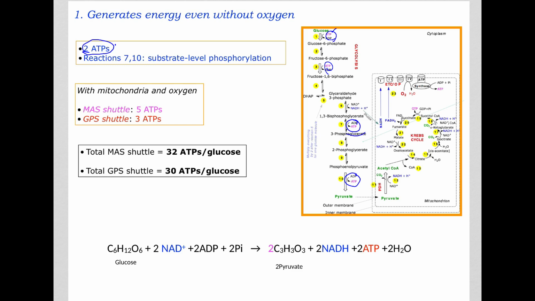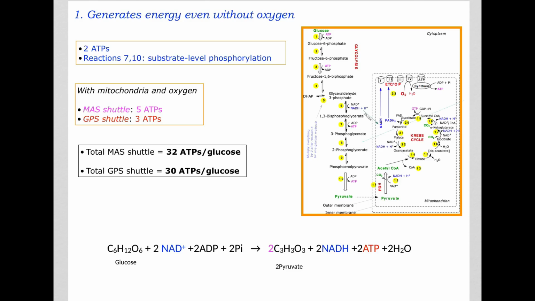And these ATPs that are generated in reactions 7 and 10 are generated by a process that we call substrate level phosphorylation. Substrate level phosphorylation can happen, ATP can be generated, and we do not need oxygen. So that's one of the biggest strengths of glycolysis. One glucose can give you a net of 2 ATPs without requiring any oxygen.